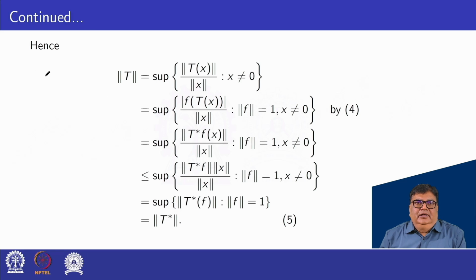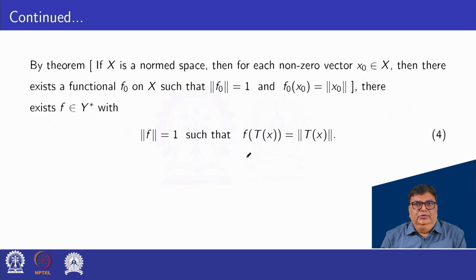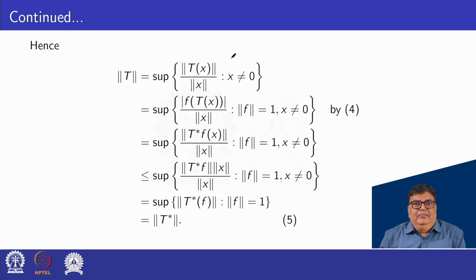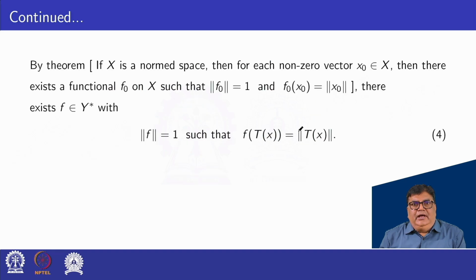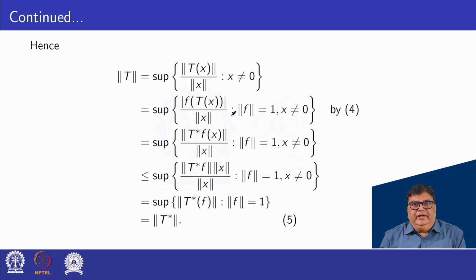Hence, norm of T is equal to supremum of norm Tx upon norm of x such that x not equal to 0, as per the definition of bounded linear transformation. So here norm of Tx is equal to f of Tx. So this can be written as mod of f of Tx upon norm of x such that norm f is equal to 1.